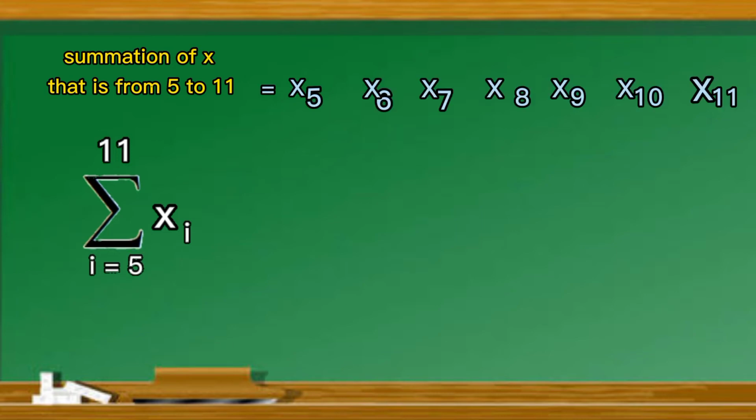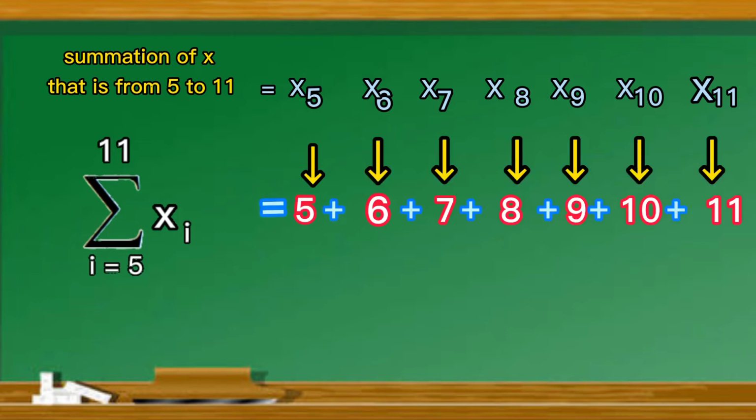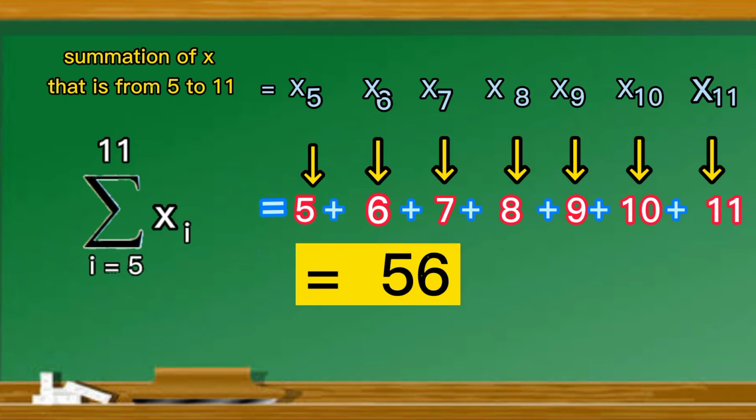So, let us evaluate x sub 5 which is 5, x sub 6 which is 6, hanggang sa x sub 11 which is 11. Now, we have 5 plus 6 plus 7 plus 8 plus 9 plus 10 and plus 11. Then, simplify, we get 56. So, ibig sabihin, the summation of x that is from 5 to 11 is 56.